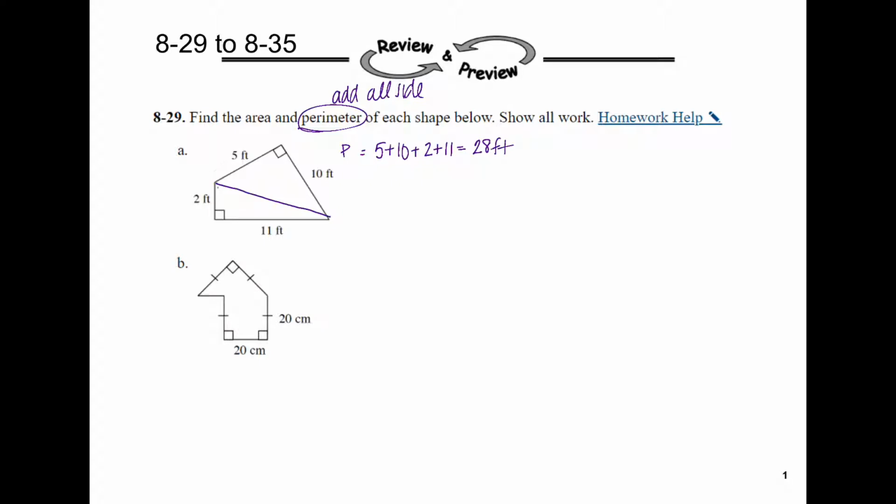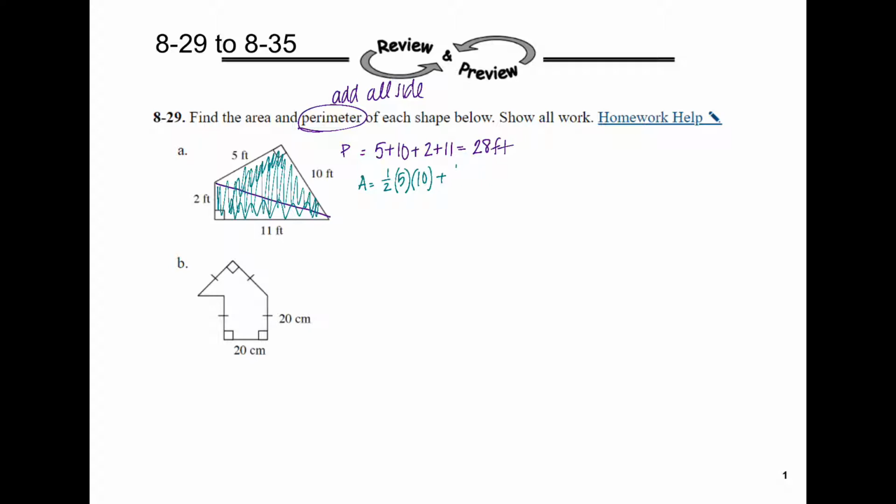Looking at the area, I want to see how much is the complete inside of my figure. So I know how to find the area of a triangle. It equals 1/2 times the base, which in my top triangle is 5, times the height.